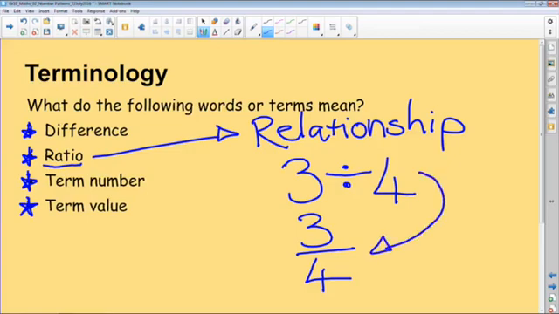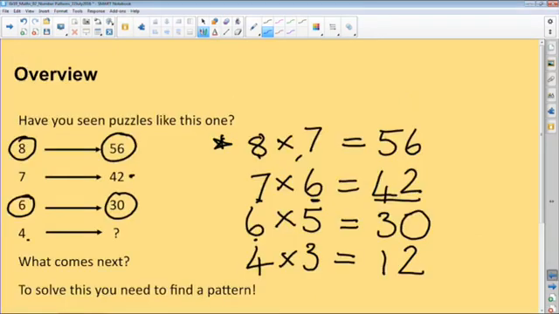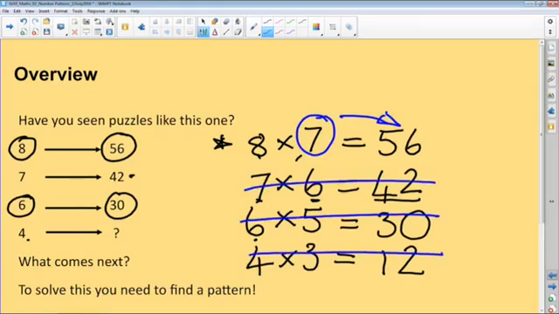So the ratio is the amount that one number needs to be multiplied by to get another number. So if we go back to our previous slide, we see that 8 needed to be multiplied by 7 to get to 56.